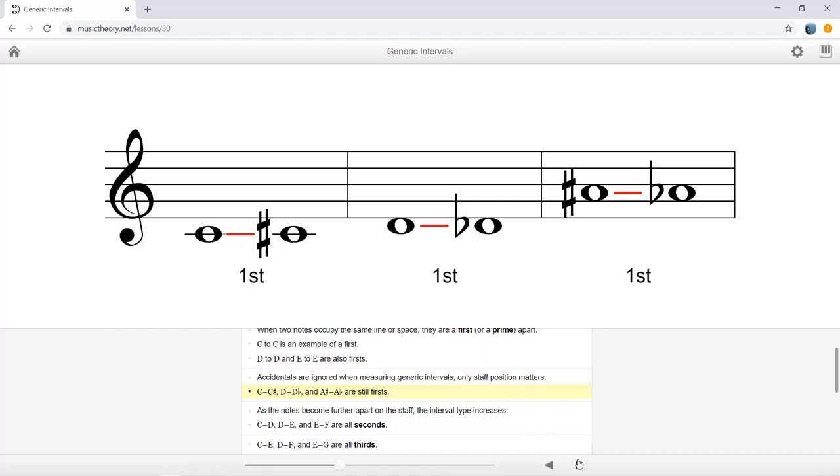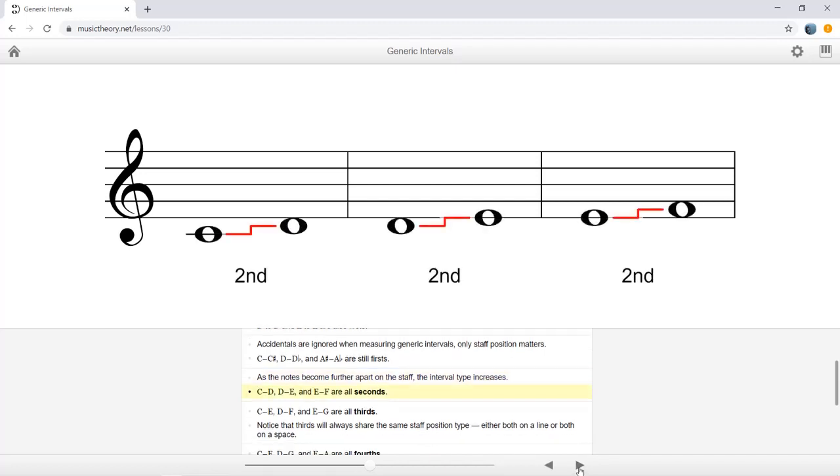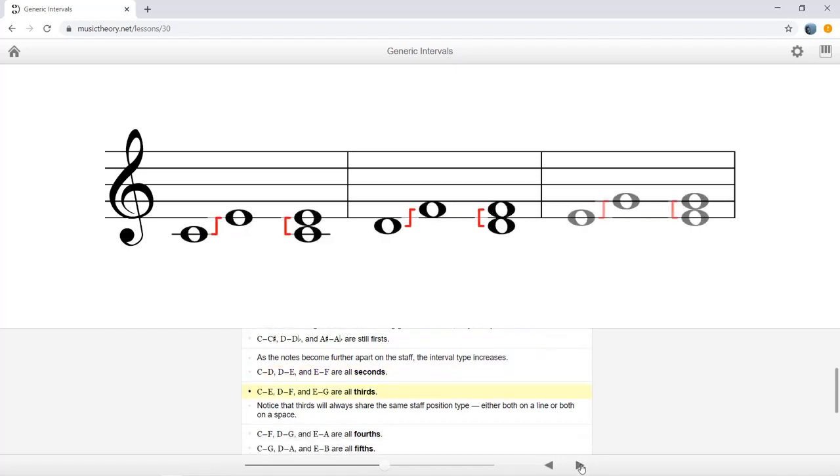When we go to seconds, seconds are from a line or space to the very next line or space. So we would count 1, 2. It's not like with half steps where you count this as the first step. So we'd count this as 1 and this is 2. Same thing with thirds.